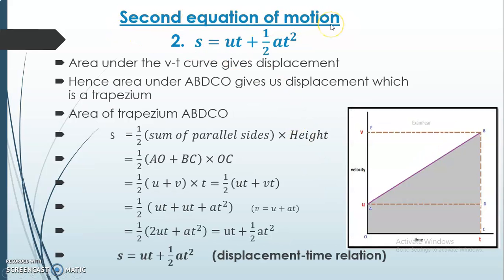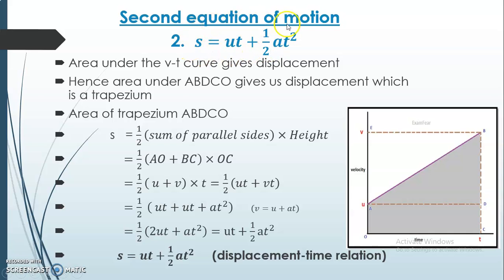See, the second equation of motion is s is equal to ut plus half at square. So this s is displacement, u is initial velocity, t is time, a is acceleration, and again this t is time.